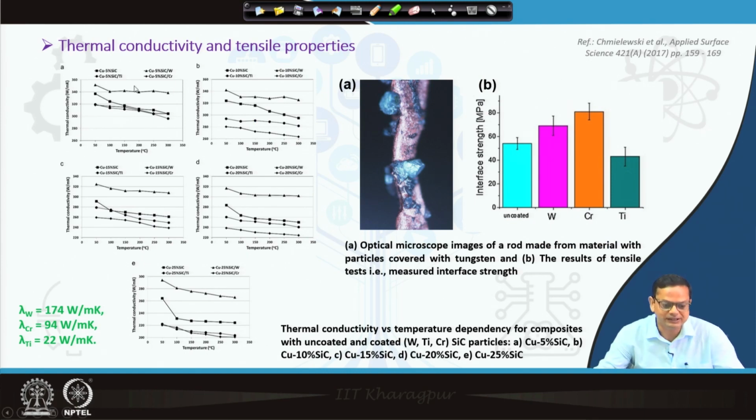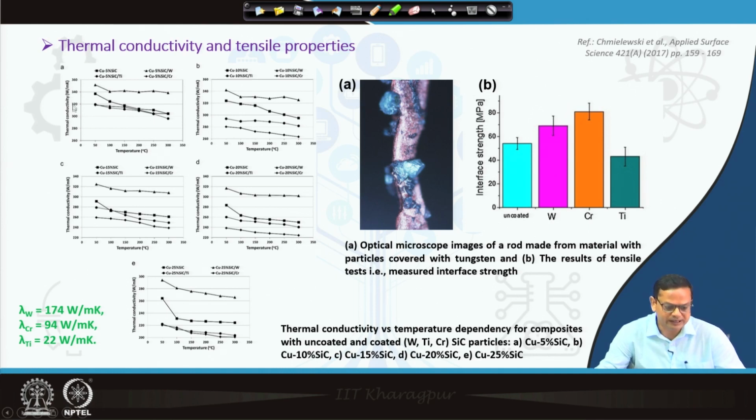So, in this graph what has been shown is that from A to B to C to D to E, SiC percentage is varying. Here it is 5%, then 10%, 15, 20 and 25%. So, different amounts of silicon carbide reinforcement have been used in these 5 cases.